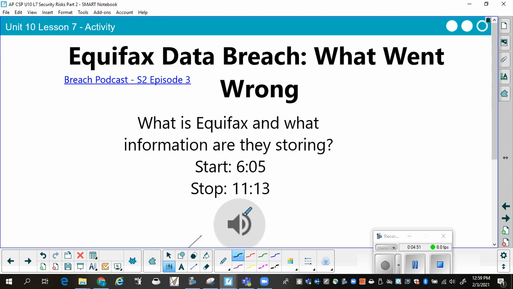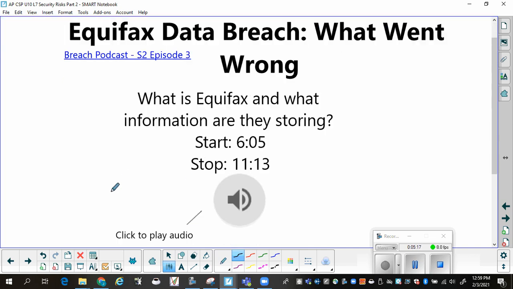So again, you can't listen to it here because I can't play it over the smart recording, but go to Canvas and click on it. When you click on it, it comes up as an MP3. Move it over so that you start at about 6:05, 6 minutes and 5 seconds into the podcast, and then you can stop it at 11:13. Okay? So start at 6:05, stop it at 11:13.